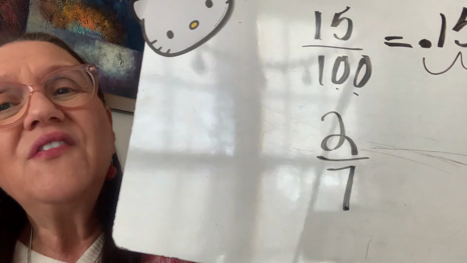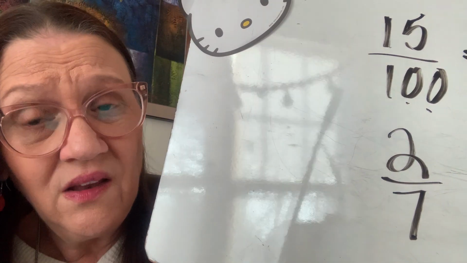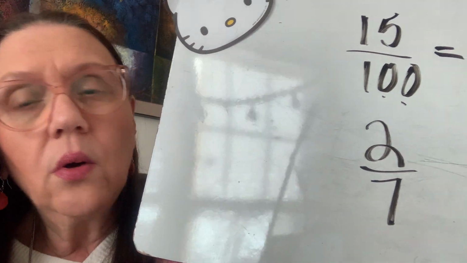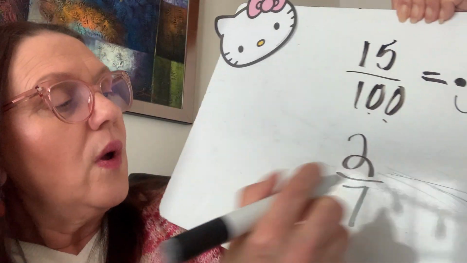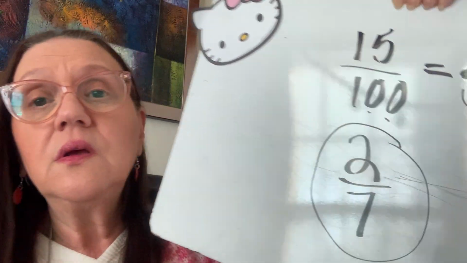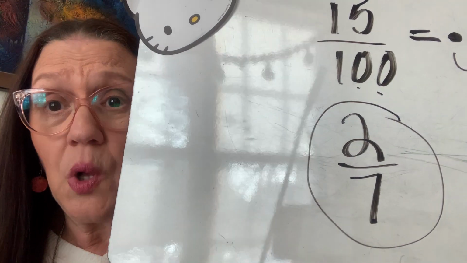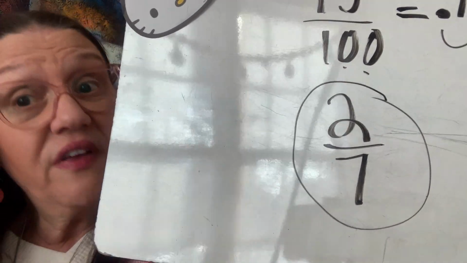As I said, not every fraction is decimal friendly. For example, if I have 2 over 7, 7 does not go evenly into 10 or 100 or even 1,000. So this would be difficult to make into a decimal. Now, it can be done with a calculator.